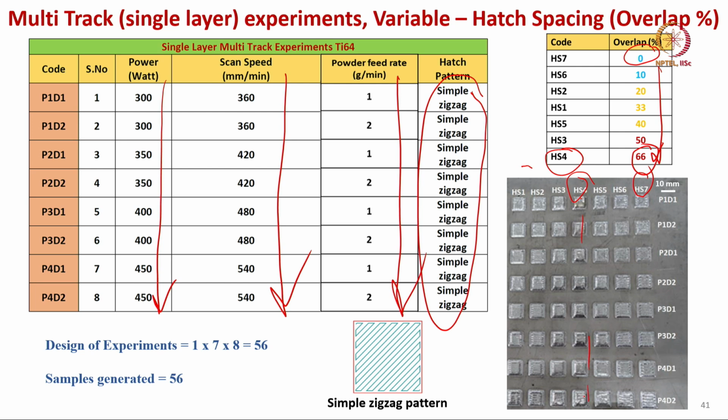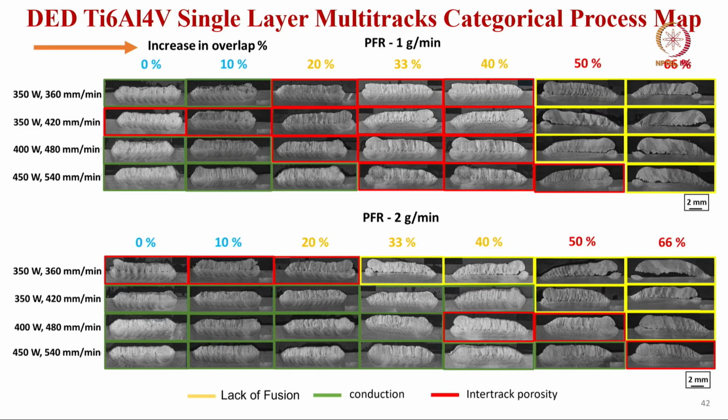And what is the overlap? I discussed that a few minutes back. Overlap is essentially calculated by the area which is common between two adjacent tracks in the multi-track experiments.